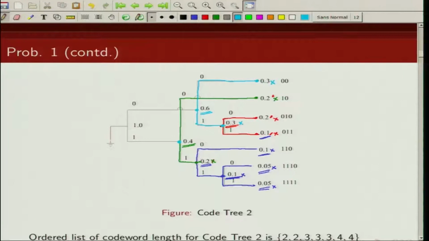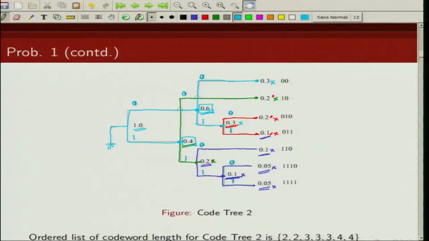Now we have two nodes left, one with probability 0.6 and one with probability 0.4. We combine them and make this the root node with probability 1. And finally we assign zeros and ones to these branches.